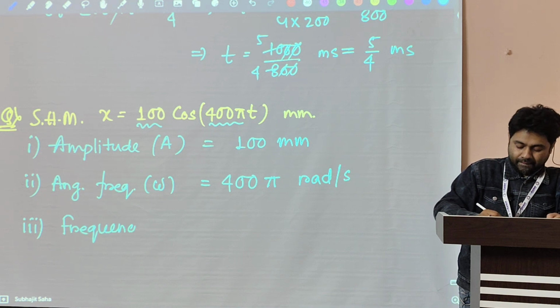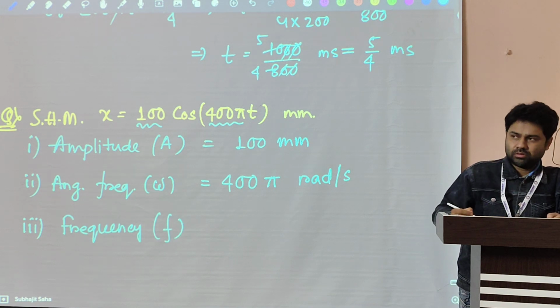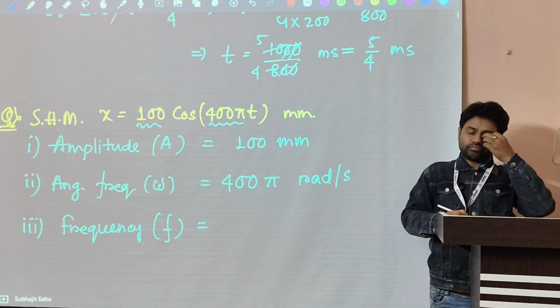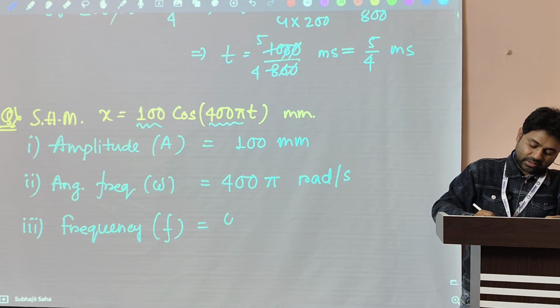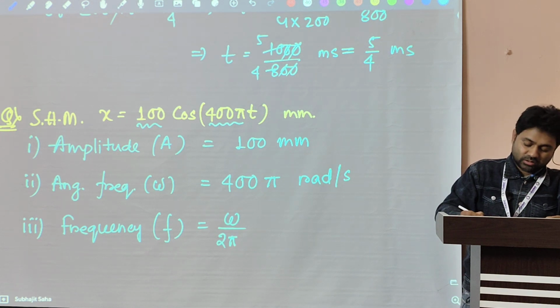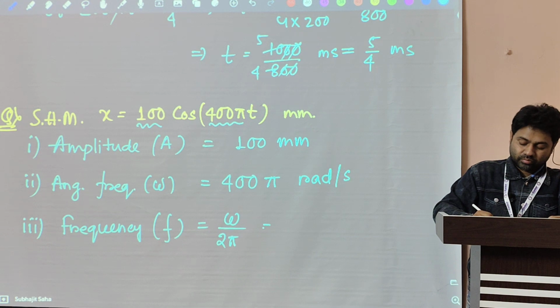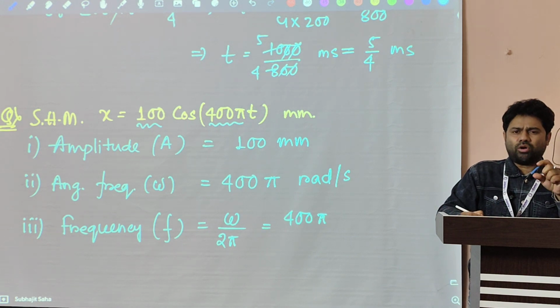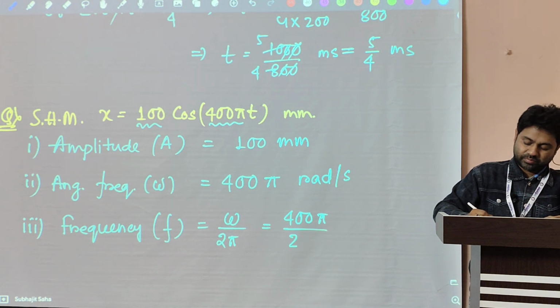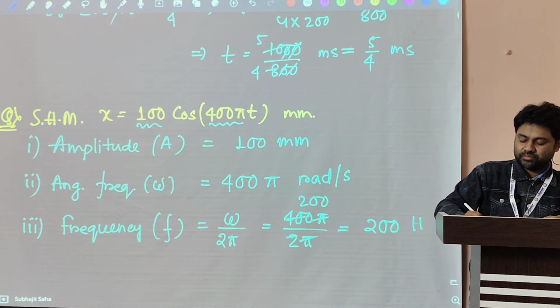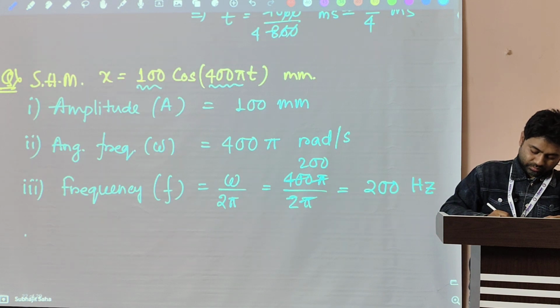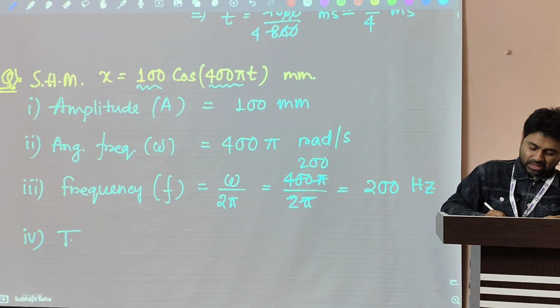Frequency f. Frequency is given by omega by 2 pi, that formula. Frequency means how many oscillations it is completing in 1 second. 200, unit would be hertz, and time period lastly.